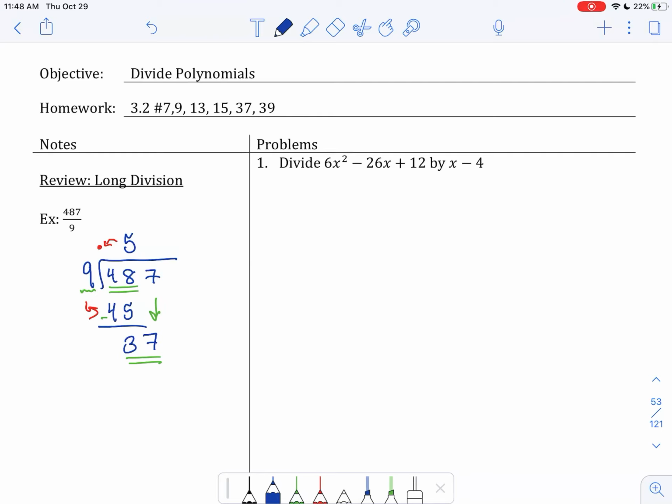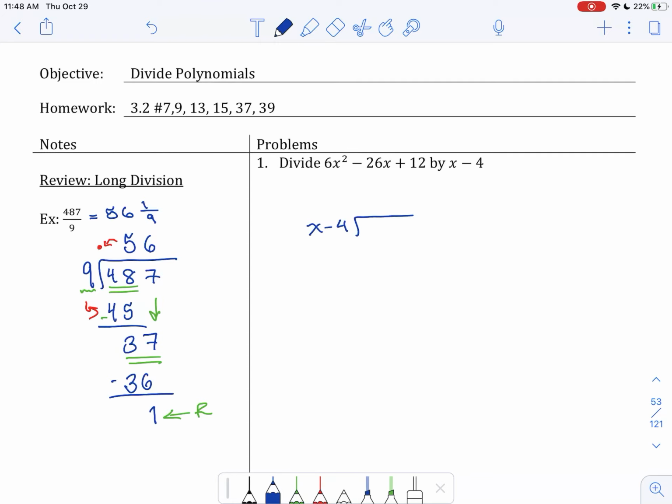Well, in this case, it will go in 6 times, which is 36, because we again multiply down and subtract, and we end up with 1. Now there's no numbers to carry down, so this is our remainder. And the way that we'd write our final answer is that 487 divided by 9 is equal to 56 and 1/9 using our remainder.